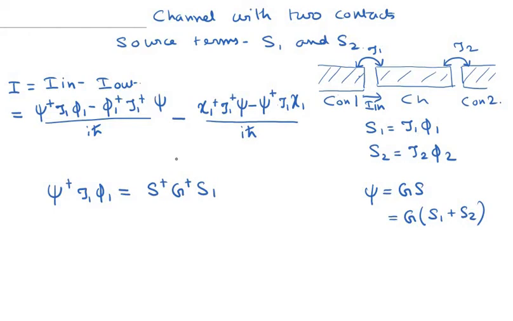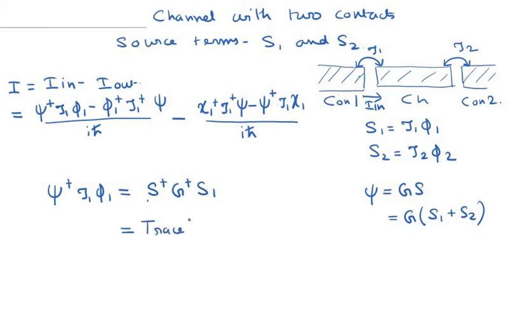Now note that this part is basically a number, because this is a row matrix and this is a column matrix, so this is a number. Now this number is also the same number as its trace, because the trace of a number is equal to that number itself.